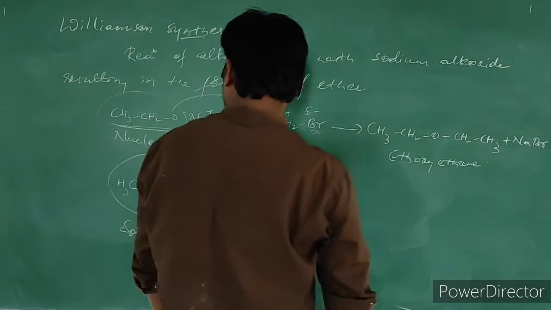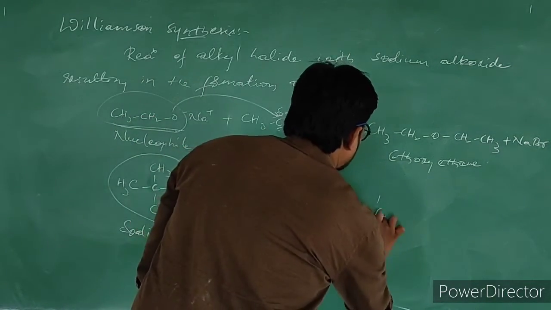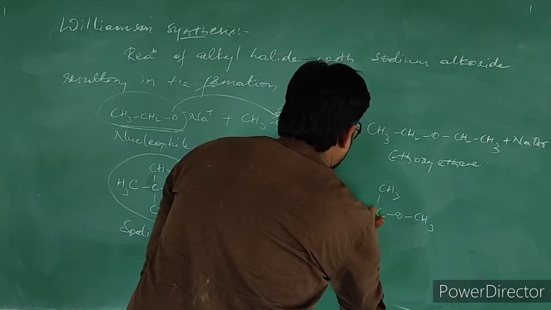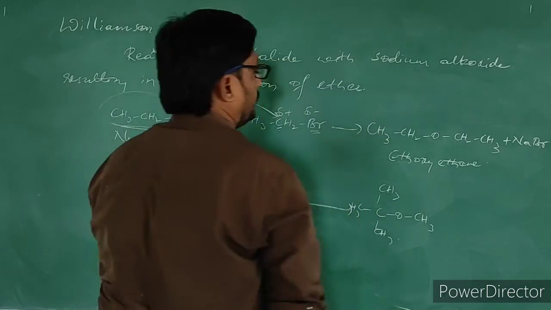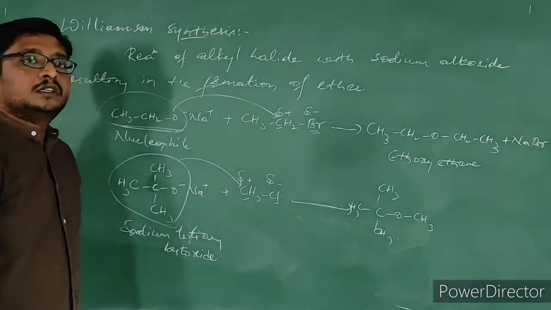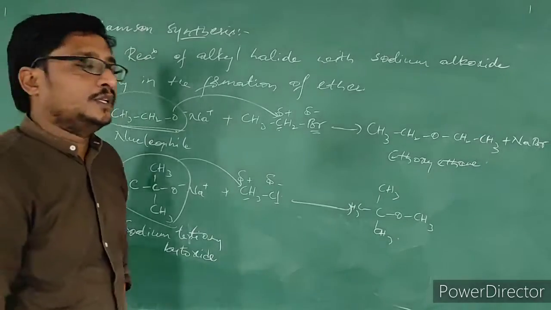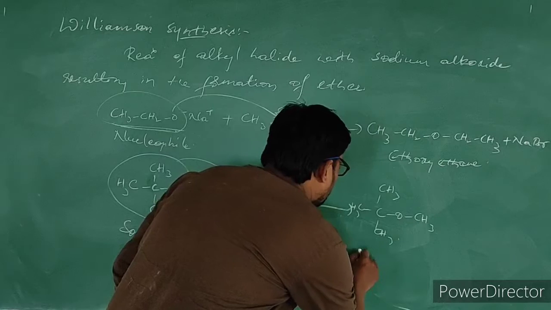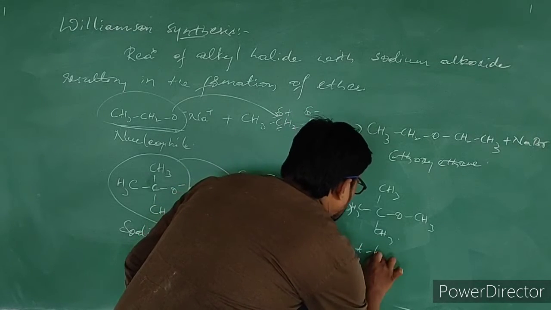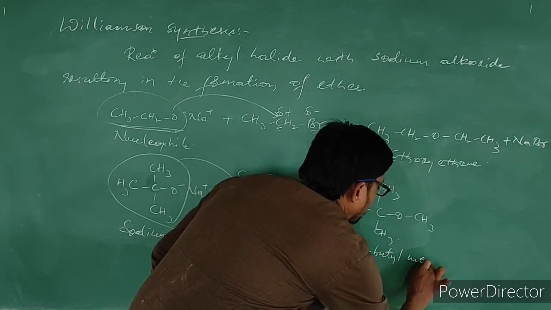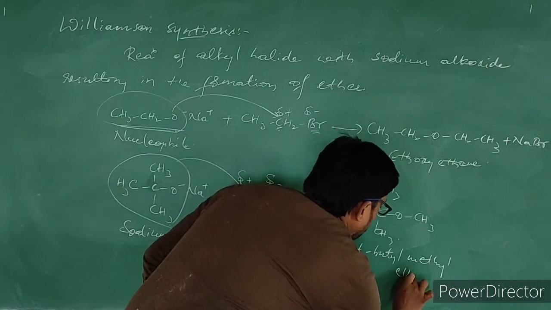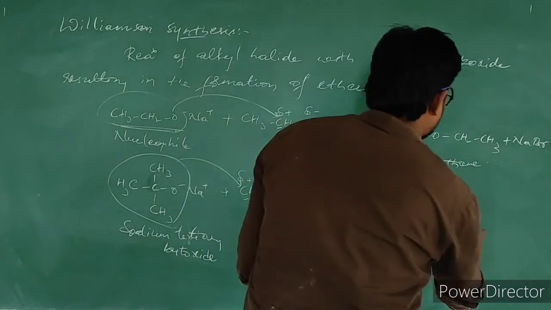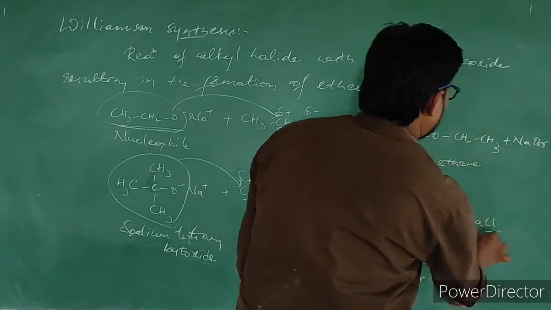Then the product which gets produced is this. Butyl methyl ether gets produced. We can consider this as tertiary butyl methyl ether. Tertiary butyl methyl ether gets produced in this way, along with sodium chloride.